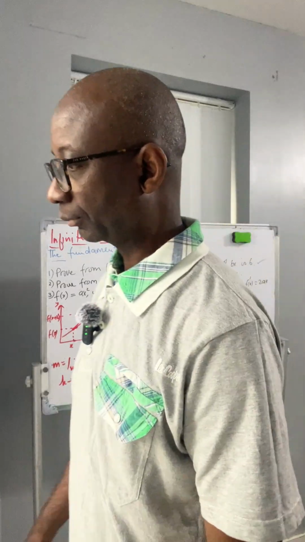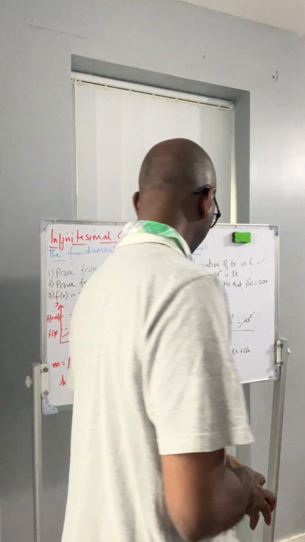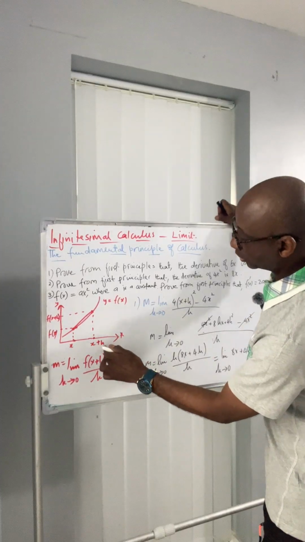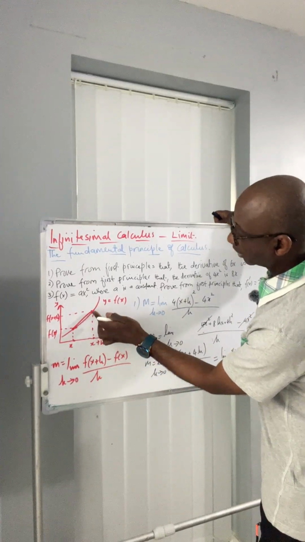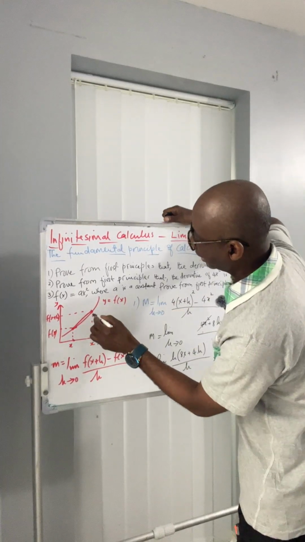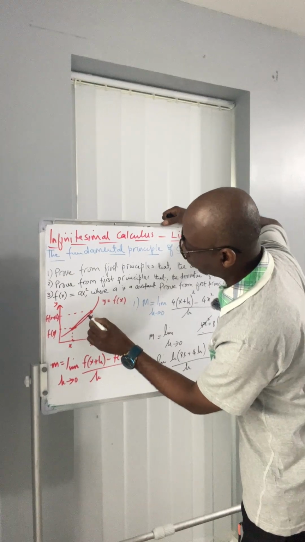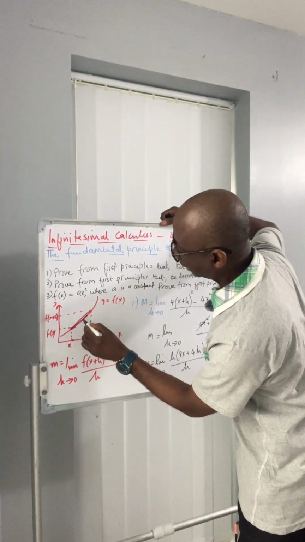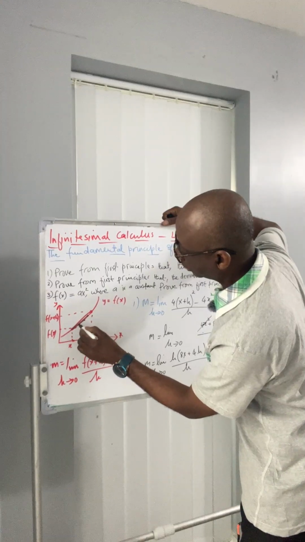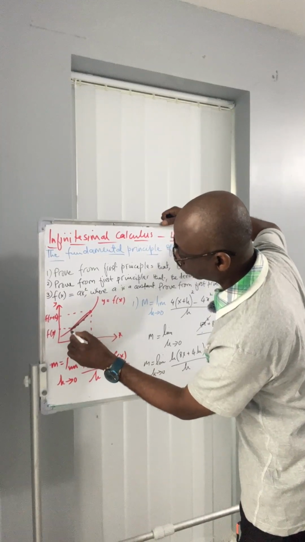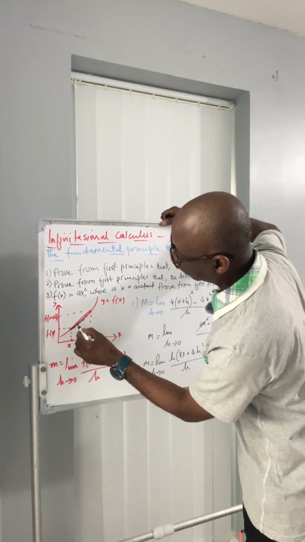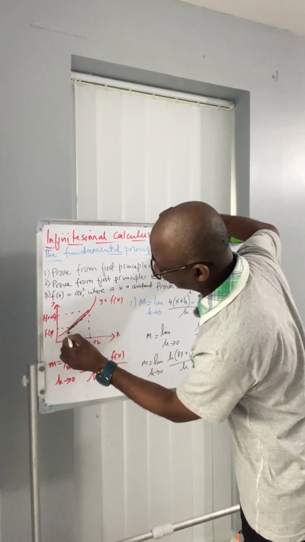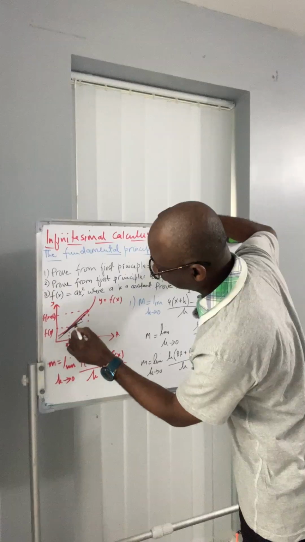But then, what did we say? When this h keeps reducing, in other words, if you put another point here and you draw a line here, you put another point here and you draw a line here, you put another point here, you draw a line to join this, there will come a time when the line you get will just be a tangent to this point, that is, just touches that point.